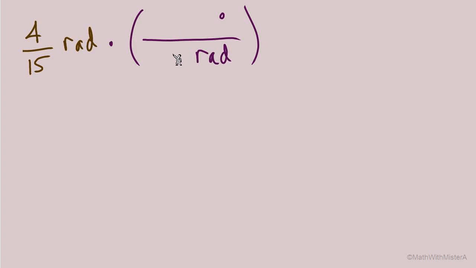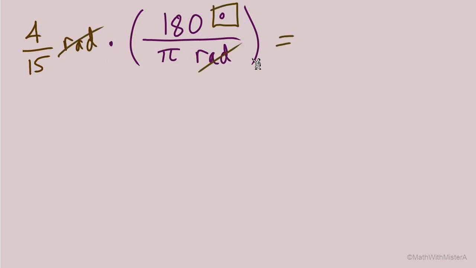So I could put in here something about how many radians equals how many degrees, like 360 degrees equals 2 pi radians, or 180 degrees is 1 pi radians. I like that one. But I'm guided by starting off with radians, knowing that I want to get rid of that unit of radians and have degrees left over. So my degree unit is up in the numerator in this unit fraction.